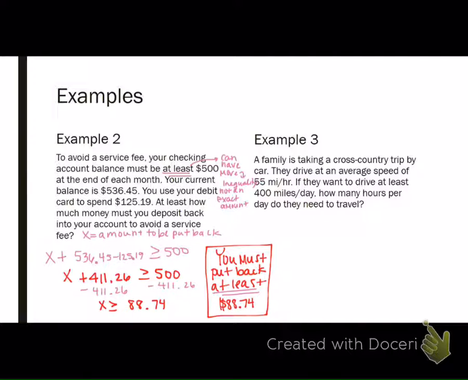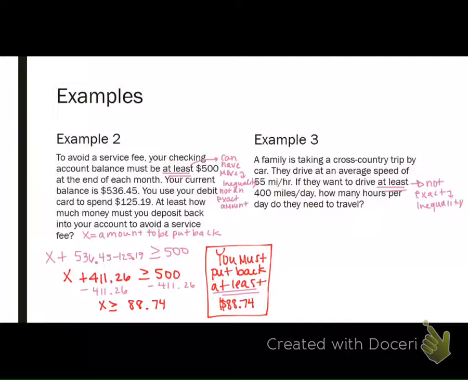What's the inequality here? First of all, why is it an inequality? I already told you that. Why is it an inequality? At least. And what does at least mean? It's not exact, so it's an inequality. You can have more than 400 miles in a day.